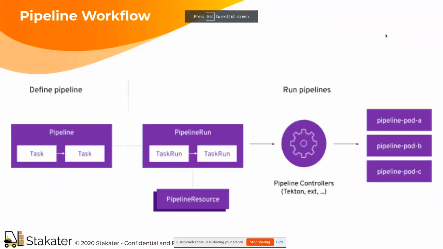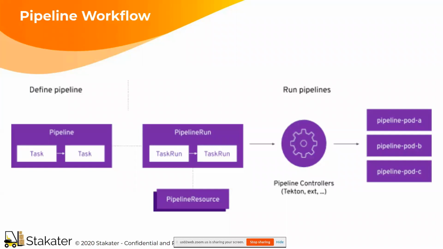So the standard workflow is like we define a pipeline. In the pipeline, we define tasks, and then we create a pipeline run. And in the pipeline run, we define task runs. And there's a pipeline controller that is already installed in the cluster. It just translates those things into Kubernetes native objects like pods. As we have seen, against each task, a pod has been created.